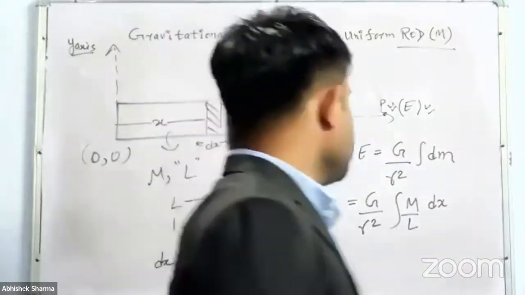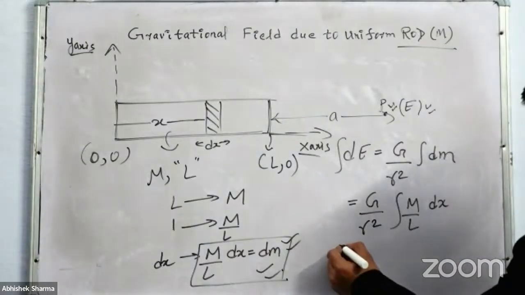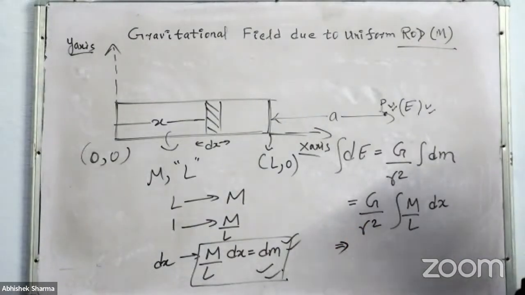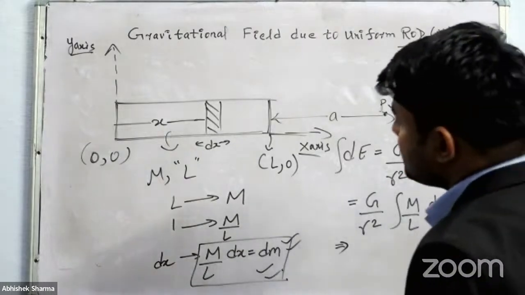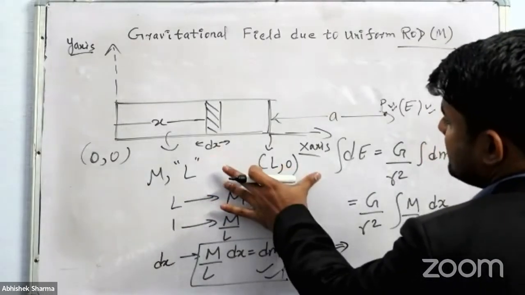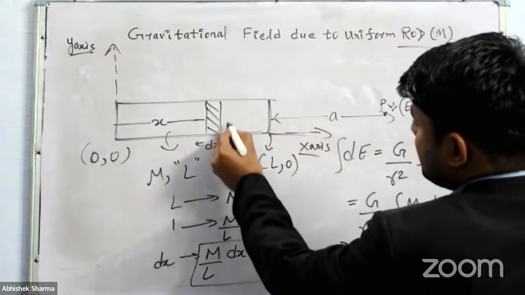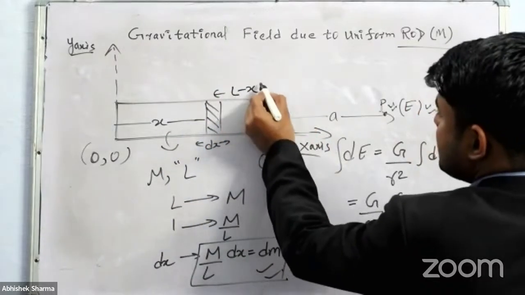So what you will be doing here is this. When I'm going to apply the coordinates, it's very easy. So I'm going at x distance. My remaining distance will be how much? This point is at a. If this is x, the remaining will be L minus x.